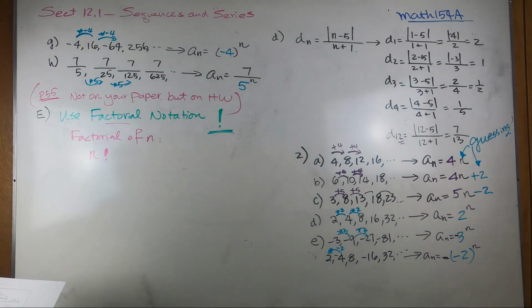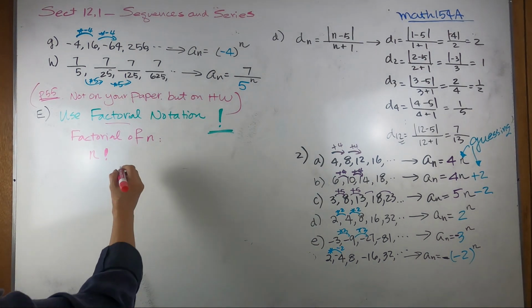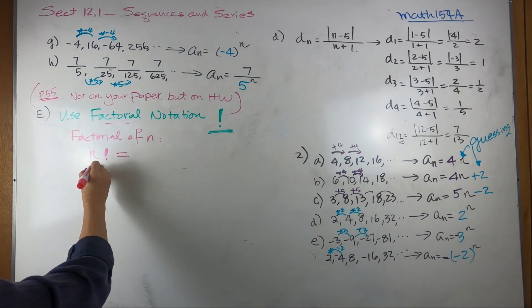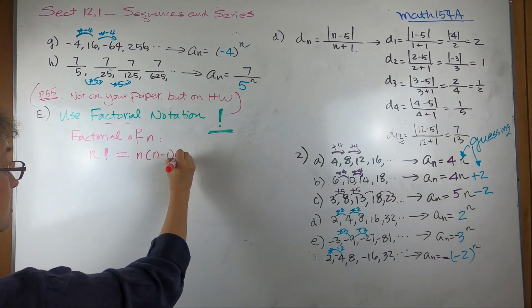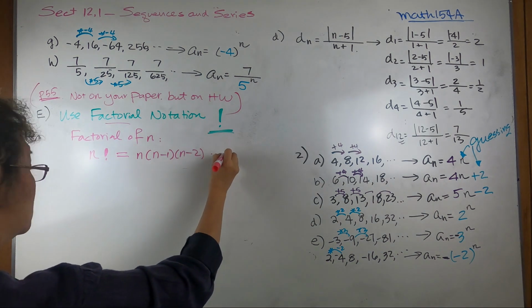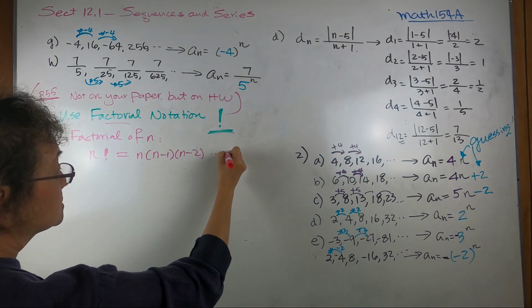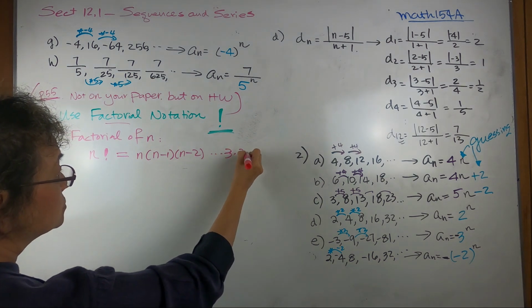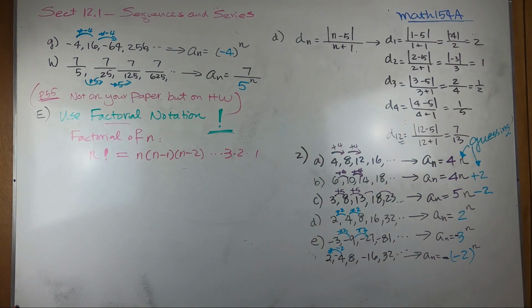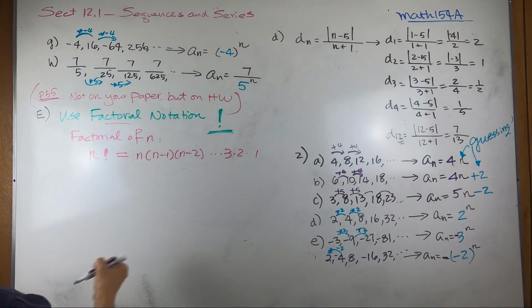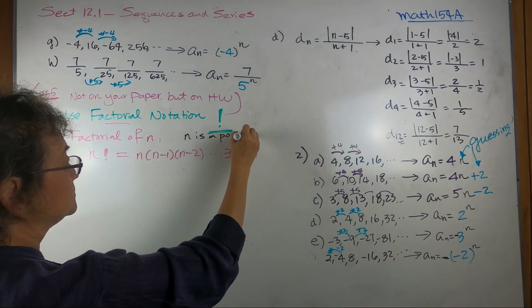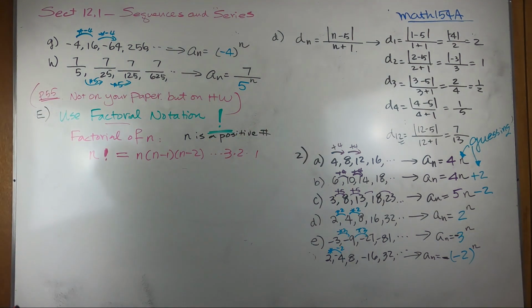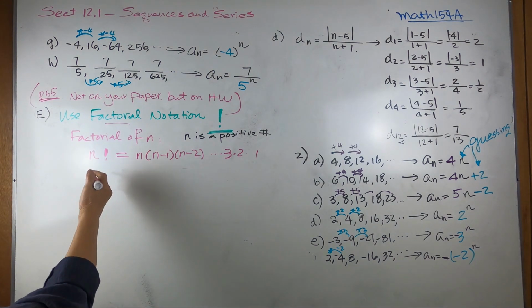Here n is a positive number, and this symbol means n times n minus 1, times n minus 2, all the way down to times 3, times 2, times 1. N is a positive number.